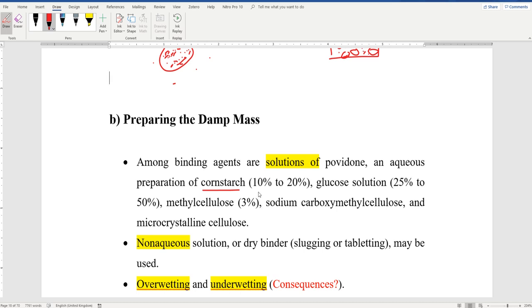Okay. You will notice that we are using different percentages, and these are related to what? To the power of the binder. If the binder is powerful to bind the particles, then I need to use only a small percentage. If it is not so powerful, then I need to use a large percentage, as is the case with glucose solution.